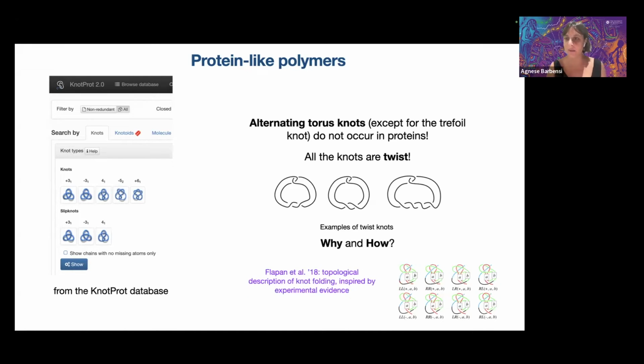In particular, I want to mention one of my favorite ones, due to Flapan and collaborators in 2018, where they provide this topological description of knot folding inspired by experimental evidence. I don't want to go into the details of this theory, but it's a beautiful paper, very easy to read, and it's quite intriguing and convincing, I think, what they are proposing. And again, this topologically inspired description of knot folding explains the absence of non-twist knots.